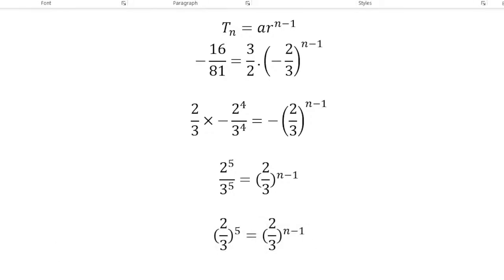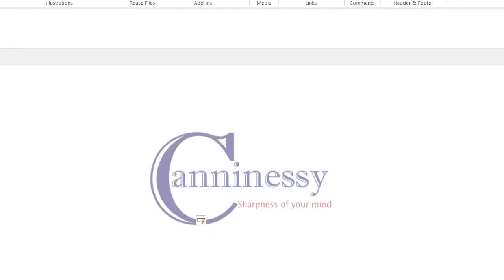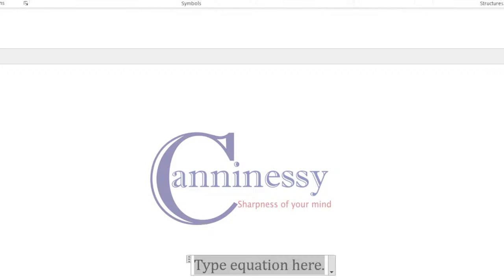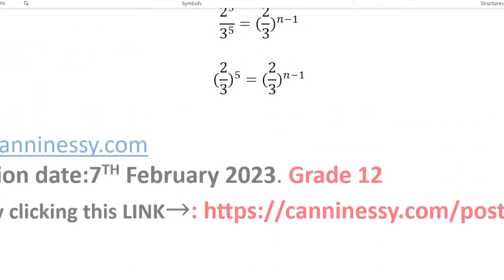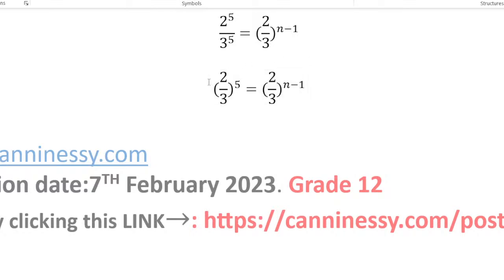So we'll be left with 5 is equal to n minus 1. Remember, when the bases are the same, we drop the bases and equate the exponents.